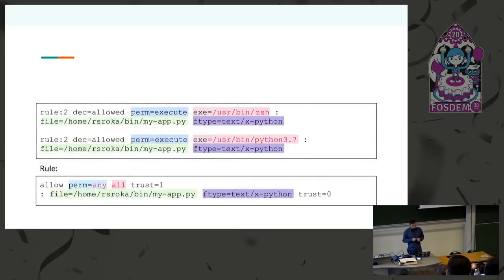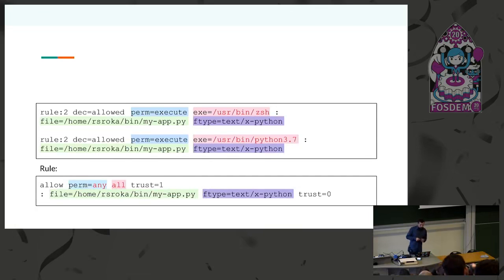So if we grep for my app again, we can see that the subject is different. But we can fix this with the all keyword instead of exe. So we have a rule that will allow any permission and with any or all subjects that are trusted.